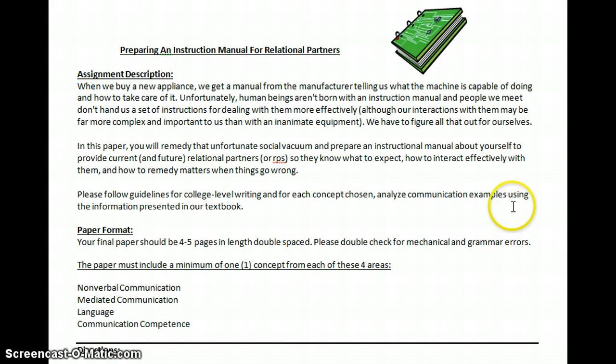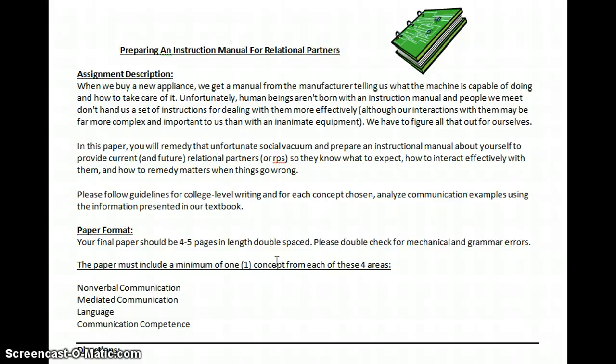Similar to what you've been doing as far as your discussion postings, I do want you to talk about your communication behavior, your patterns, but then I do want you to be able to tie that back to our textbook. Your final paper will be 4 to 5 pages in length. It needs to be double spaced. And I do want you to double check for mechanical and grammar errors.